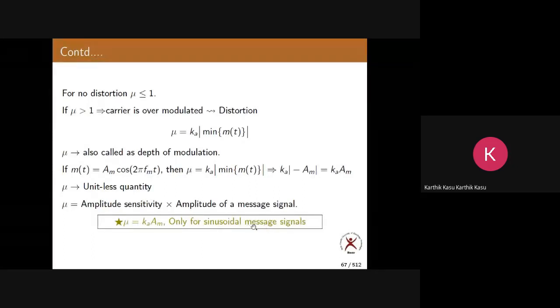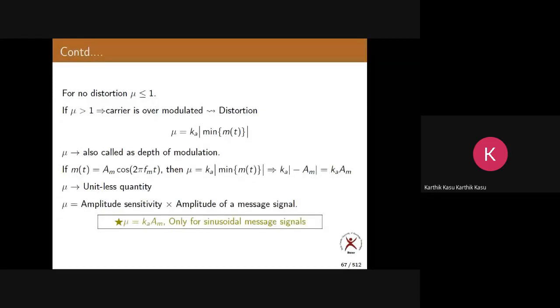In this course, two different formulas will be there. One formula is only for sinusoidal message signals, and this is the generalized formula. Why? Because m of t need not always be sinusoidal. I told you already, m of t is a message signal, a signal which we are transmitting.